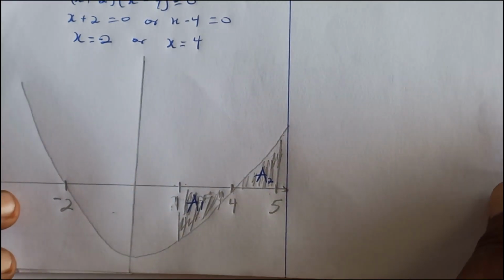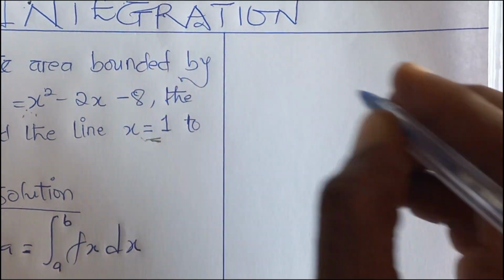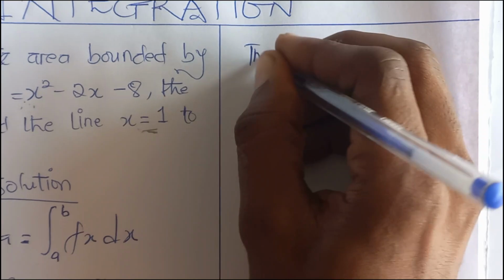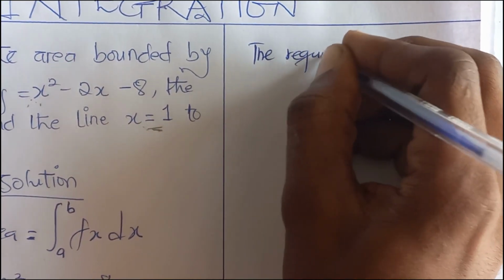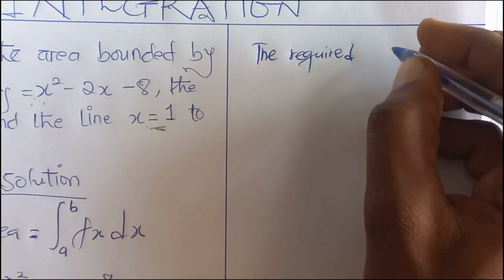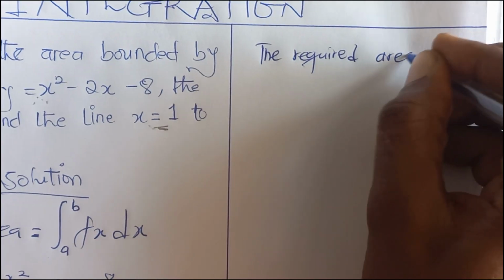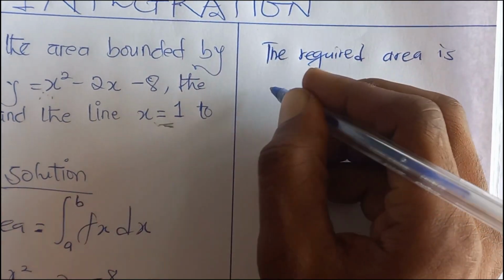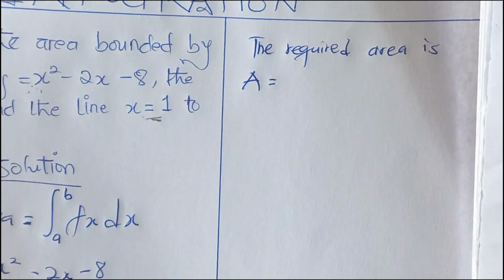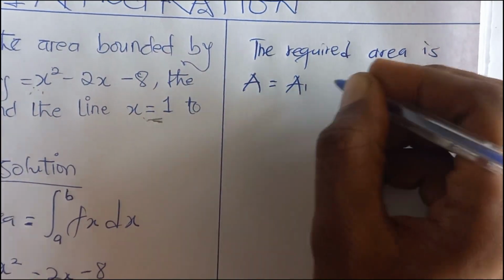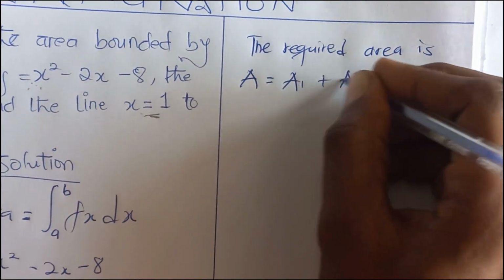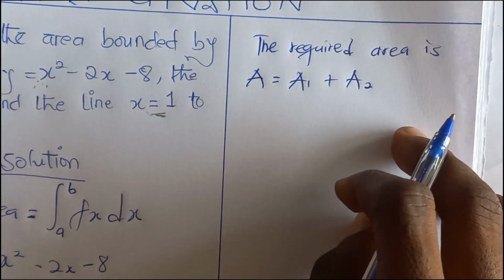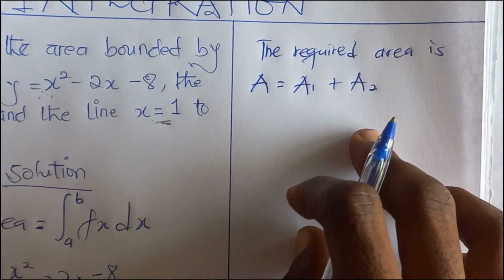Good. So the required area, let's say A, which is A1, we have to look for A1 plus A2. So this is what will be our answer.